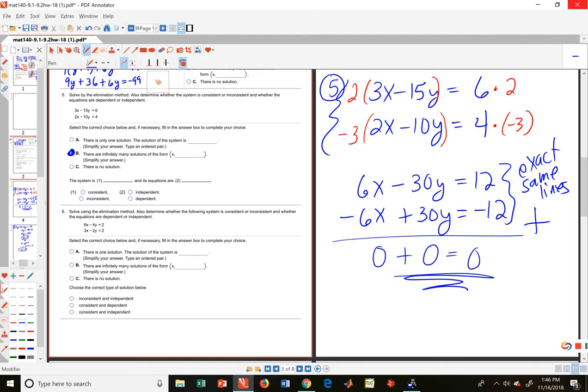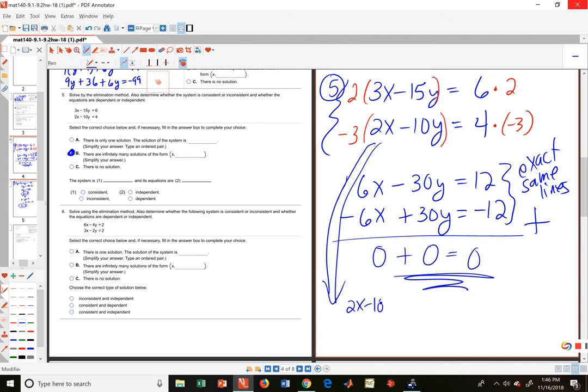Now, what are those infinite number of solutions? Well, they say x, comma, what. It's a little annoying, but you have to take one of your original equations and solve for y. It doesn't matter which one you pick. Let's take the 2x minus 10y equals 4, and solve for y.